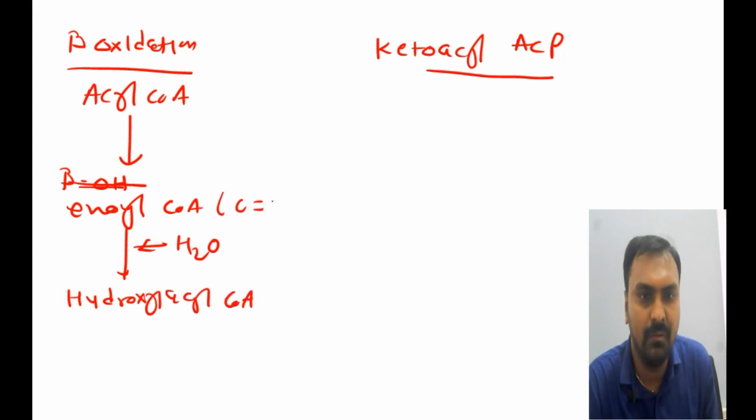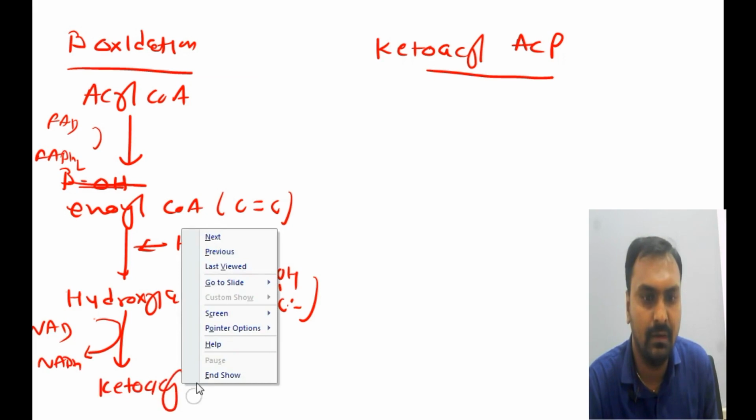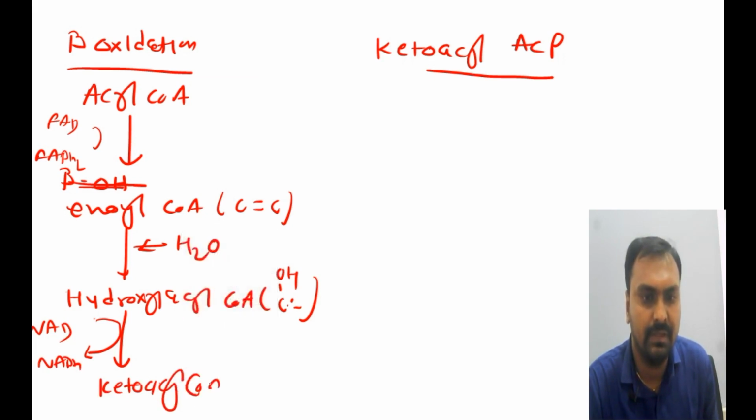In enoyl-CoA there is a double bond, and in hydroxyacyl there is an OH group. Then again it undergoes oxidation. Here FAD is converted to FADH2, and the hydroxy group with the help of NAD is oxidized and forms ketoacyl CoA, which is broken down to acyl CoA, which is 2 carbons shorter, and 1 acetyl CoA.